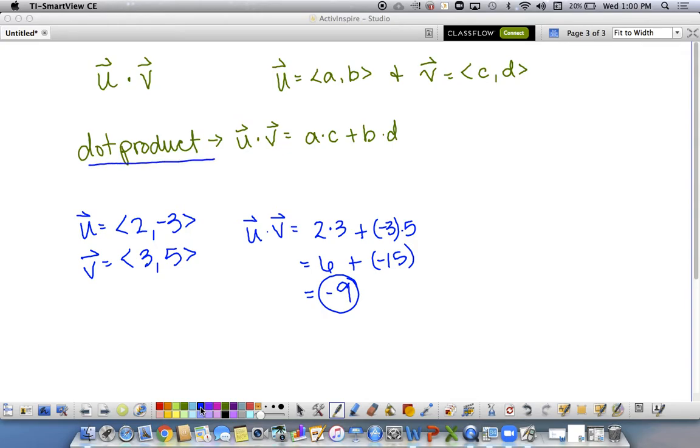Using the dot product, we can do a few other things also. What if we have a scalar number or even another vector? If you have vector w plus vector u, times vector v, it's just going to be exactly like the distributive property.